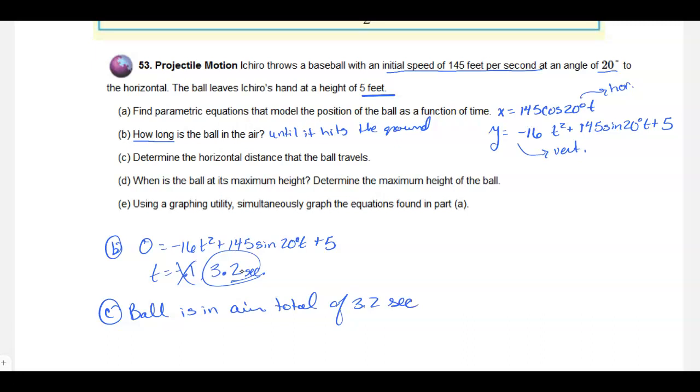So horizontal distance is what's going on with the x, right? So we're going to plug that 3.2 in for t. So we have 145 cosine of 20 degrees t. We're going to plug in 3.2 there.